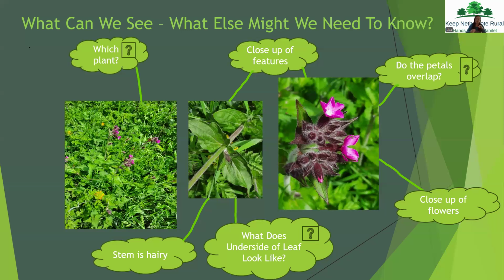And we often need to know things like touch as well. Sometimes a stem, for example, may be hairy, or the underside of a leaf. So anything like that, just have a good look at all of those things and record as much detail as you can. As I say, try not to be put off or overwhelmed. Just have a go, and you will learn by trying.